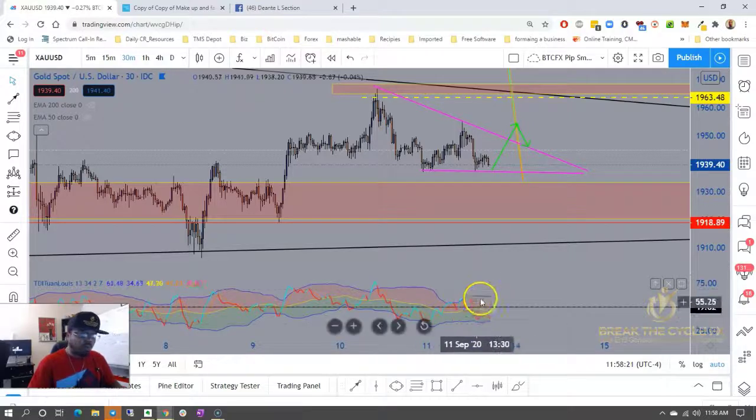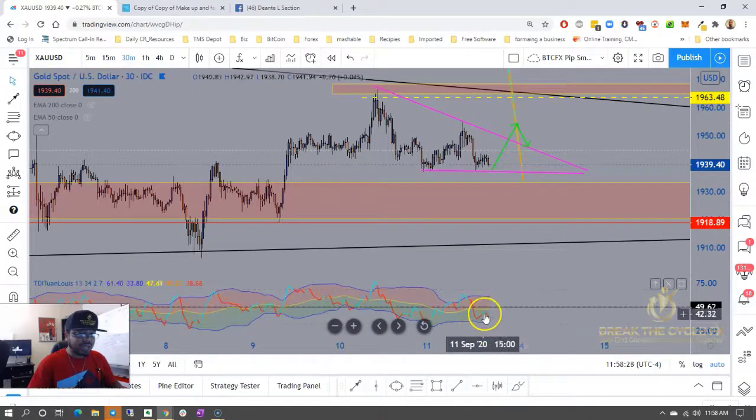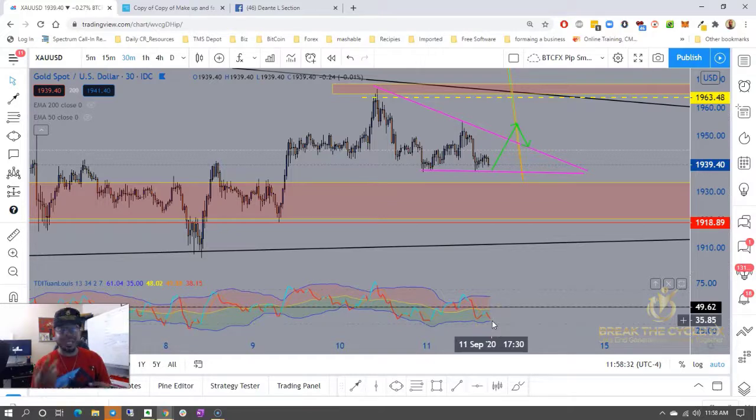And just one more little thing that I see right now on gold, that this is the 30-minute time frame. You see our TDI is actually producing a double bottom. A lot of times you're going to get head and shoulder patterns, double tops, double bottoms that show up on your TDI where you can't really see it on price. And it's the same thing for the RSI and all those too.